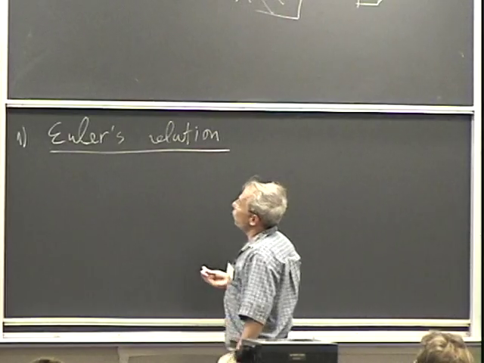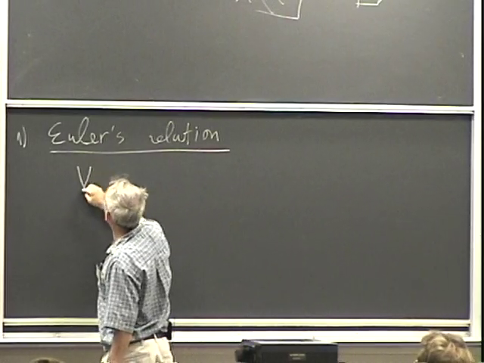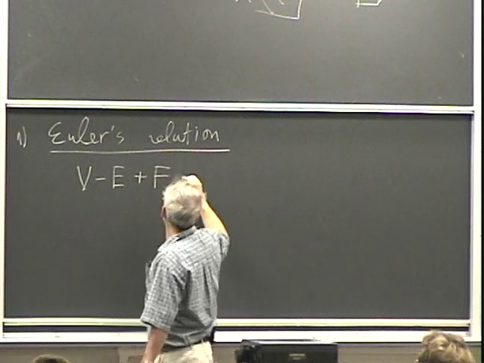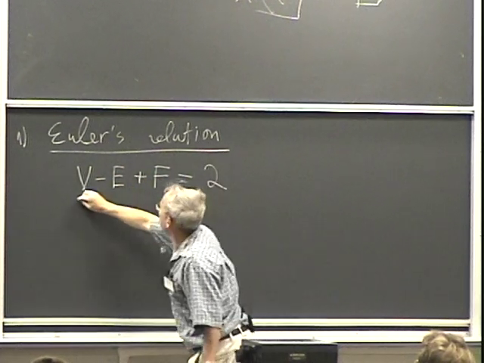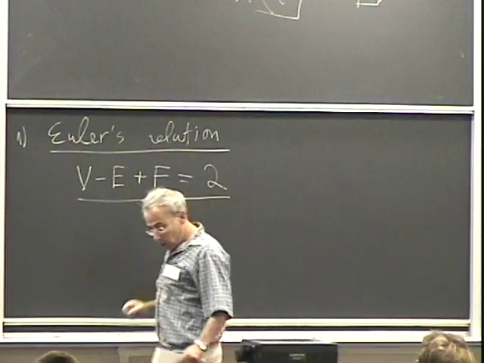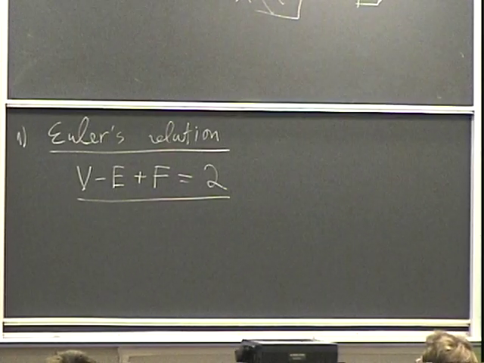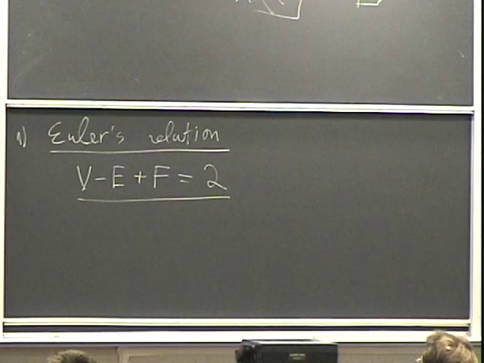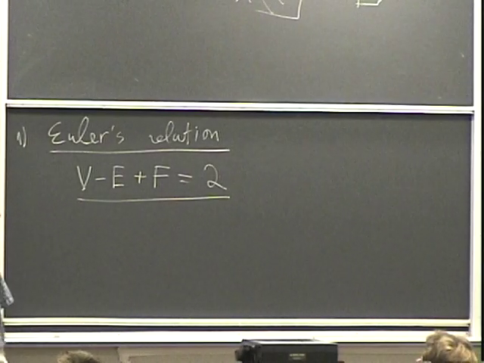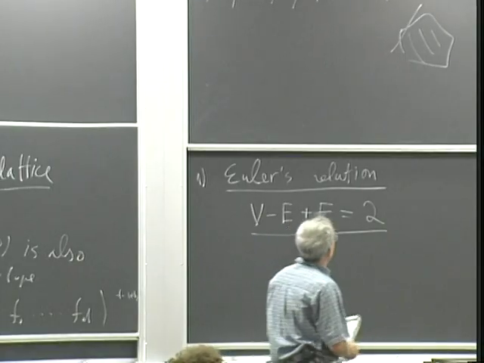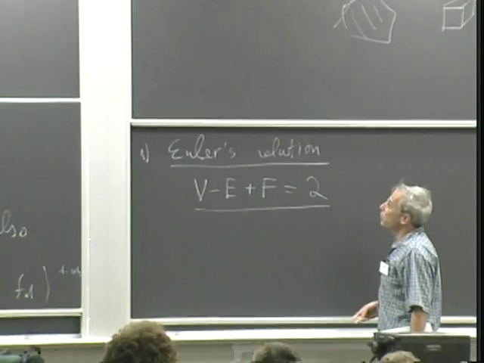For a three-dimensional polytope, it says the number of vertices minus the number of edges plus the number of faces is always equal to 2. So Euler's relation is the source of a lot of activity in polytope theory, the study of face numbers and slightly more general invariants in higher dimensional polytopes. And this is a very rich and structured theory that I will not mention.